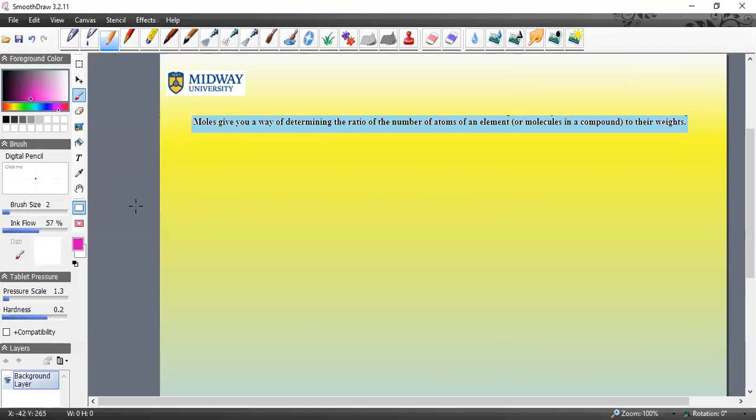Just like I said earlier, a carbon with an atomic molar mass of 12 grams per 1 mole does not contain the same number of atoms as a nitrogen with 14 grams per 1 mole. Nitrogen has more atoms, relatively speaking, compared to carbon, which is why it's got more atomic mass.